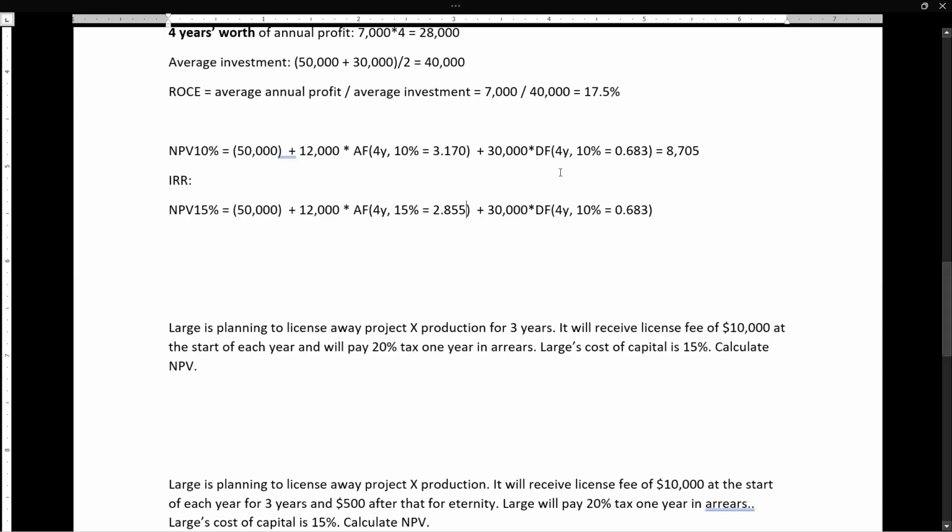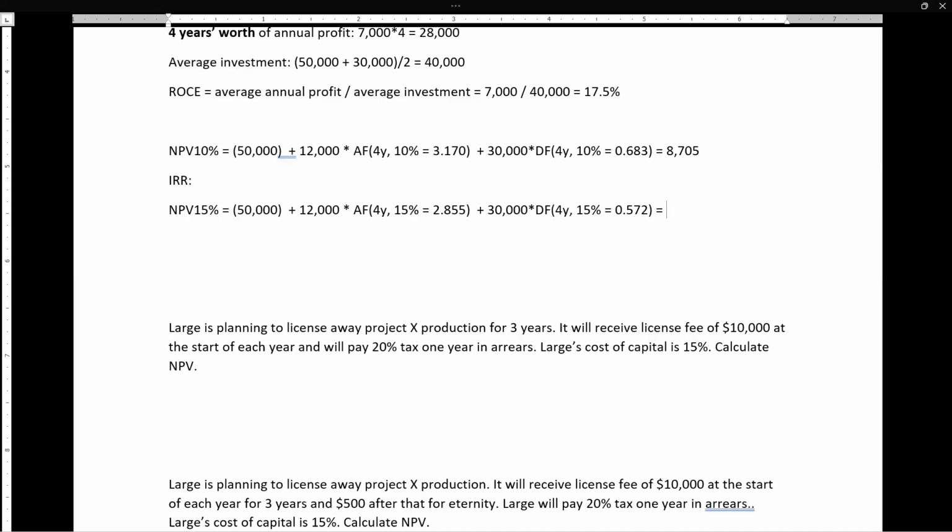Now, as for discount factor, again, we're going to take 4 years and we're going to take 15%. So it's 0.572.